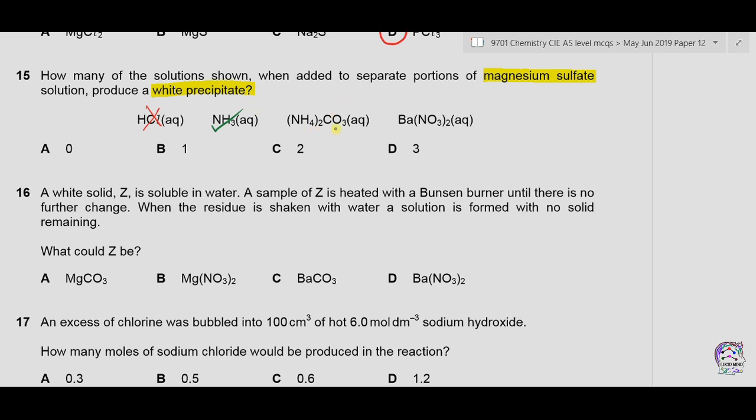Third one is ammonium carbonate. Now ammonium carbonate aqueous reacts with magnesium sulfate aqueous to form magnesium carbonate and ammonium sulfate.